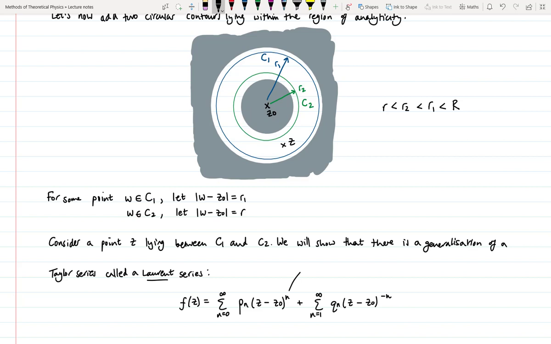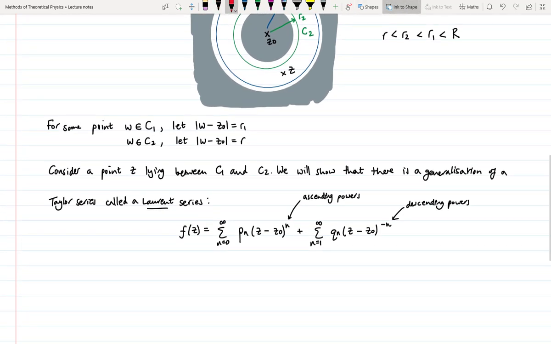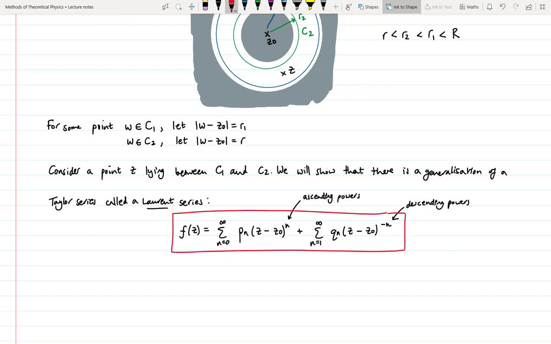I'll note here we have ascending powers of z minus z0, and here we have descending powers of z minus z0. This is a really important result called a Laurent series. And we're going to spend the rest of the video deriving this.